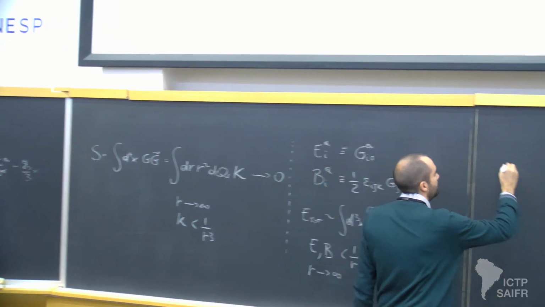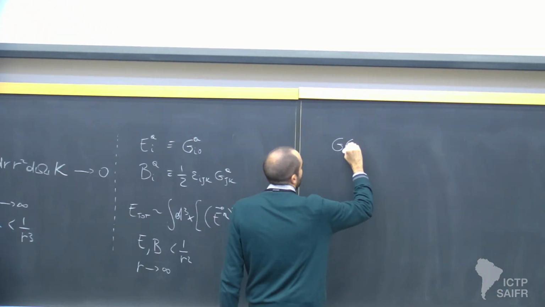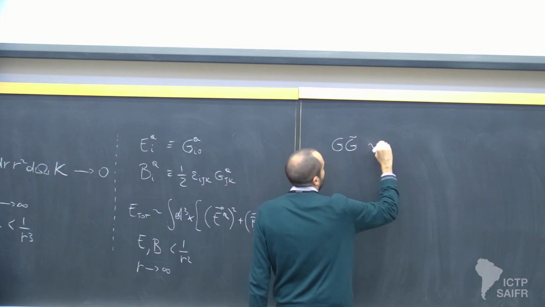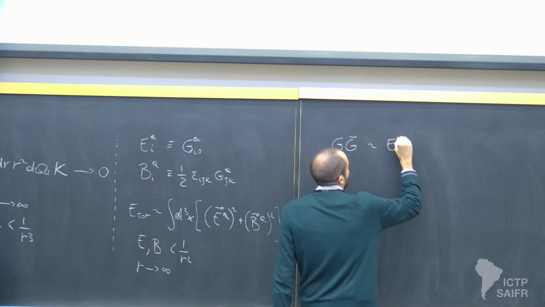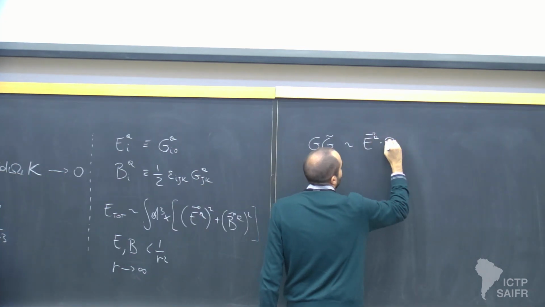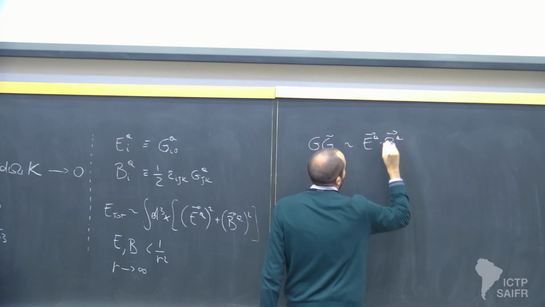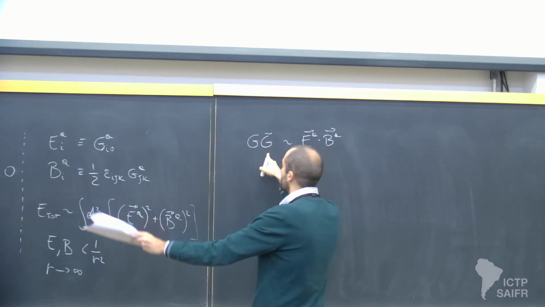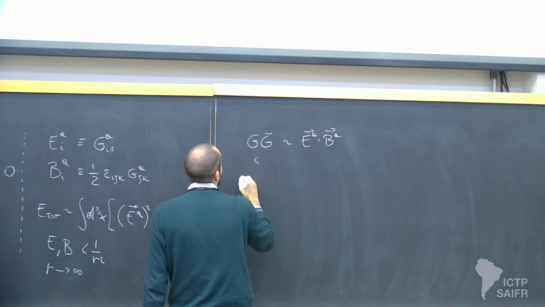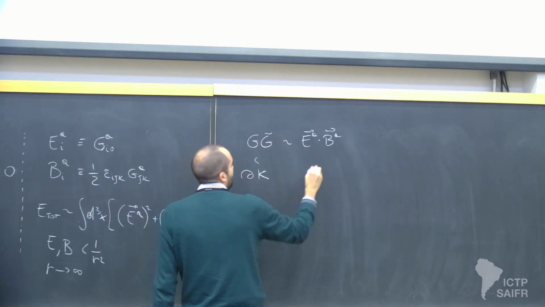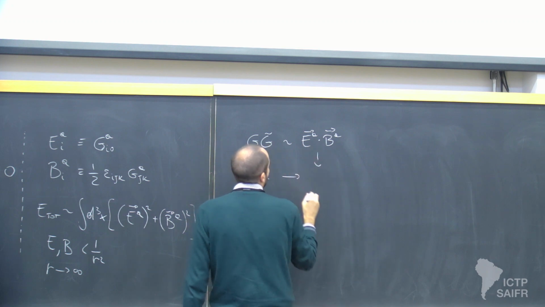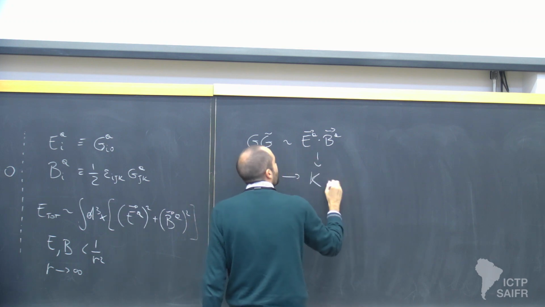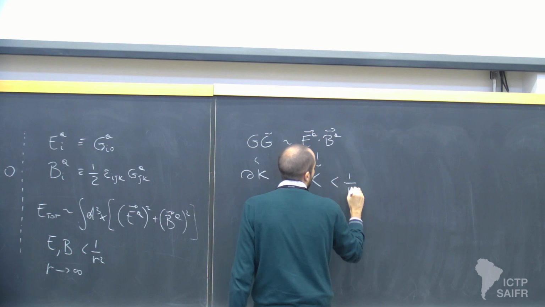And since we can write our G G-dual as the scalar product of the electric and magnetic fields, then from this and the relation with K, the fact that this is also a derivative of K, we can conclude that K at infinity is bounded by 1 over r cubed.